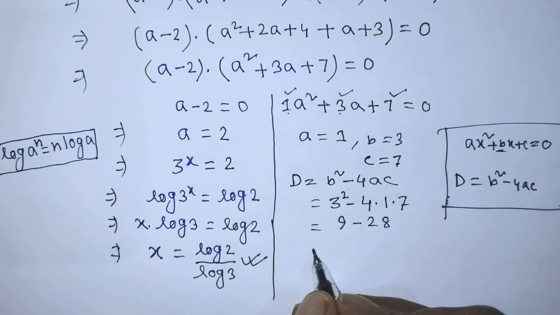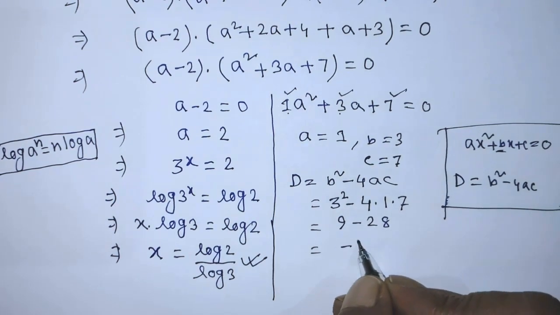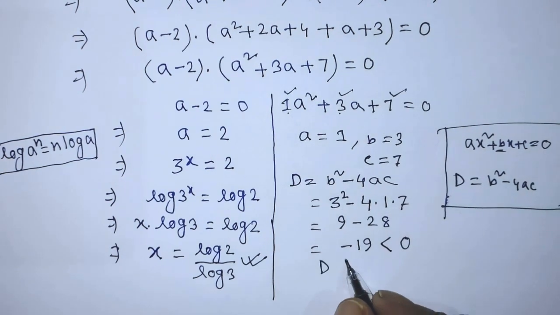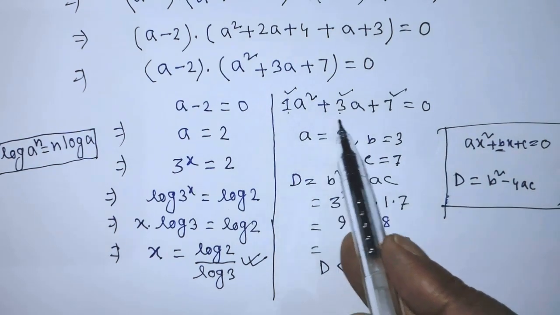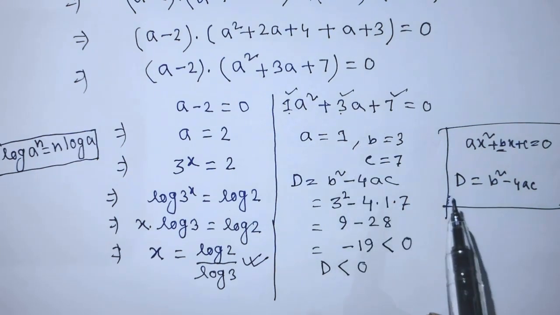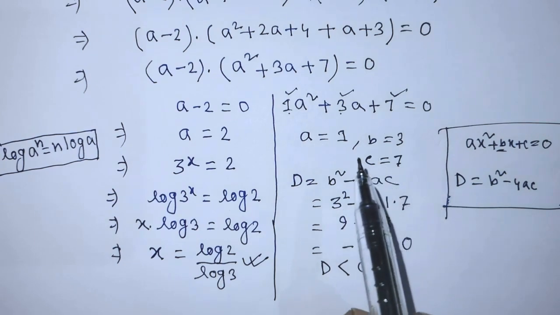So student, after calculation we can write in here it is minus 19, which is less than 0. So student, D less than 0. So it is clear that this equation has no real solution. That means it has two imaginary solutions that are not accepted for the given equation.